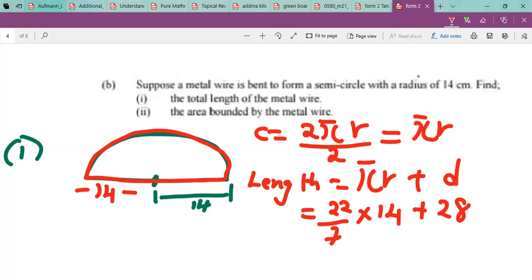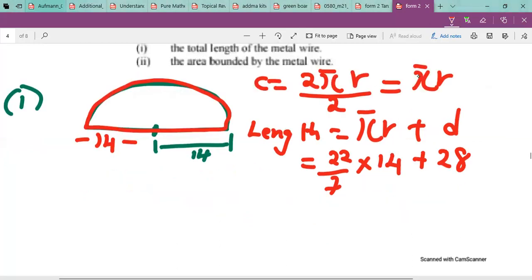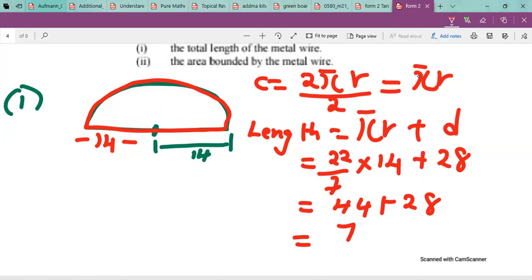So 7 into 14 is 2, 2 times 22 is 44. So 44 plus 28, and your answer you're going to get to be 72 centimeters.